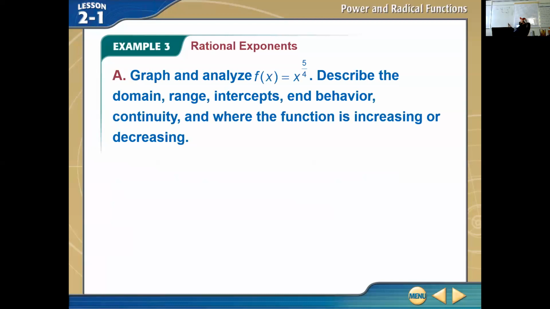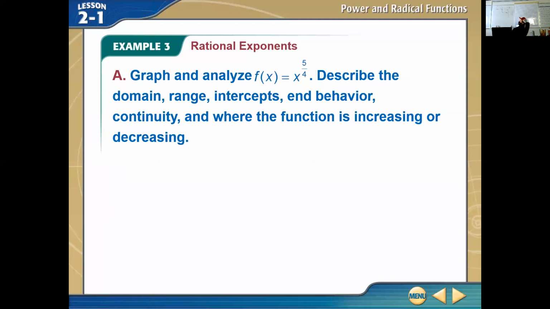Okay, rational exponents. These fall under radical exponents. This could be rewritten as the fourth root of x to the fifth. Okay, so it's going to follow your radical exponents guide of those key concepts, those characteristics. The domain and range is going to be cut off.